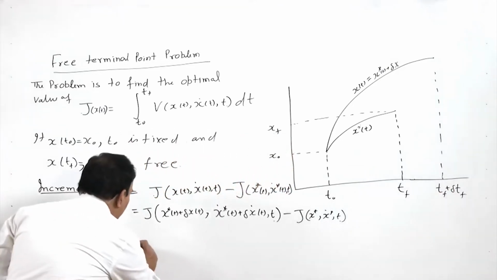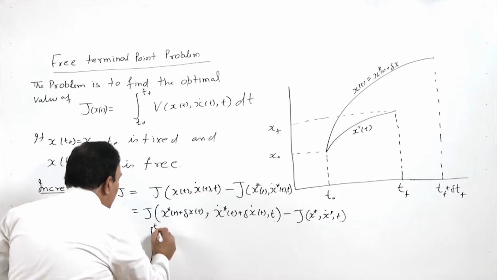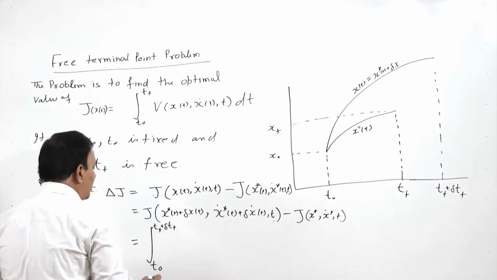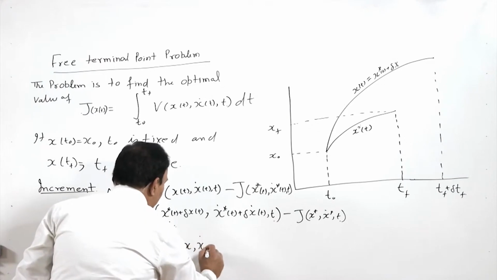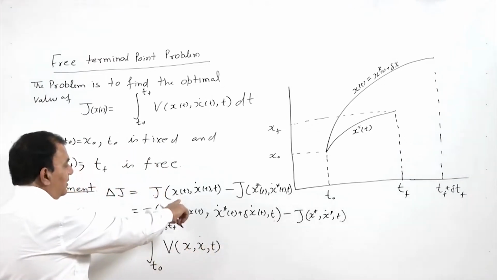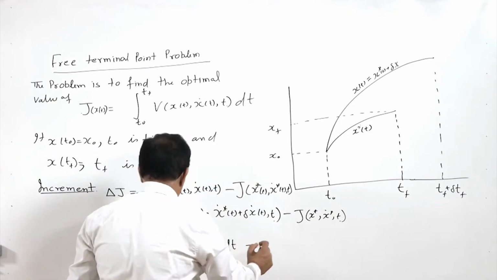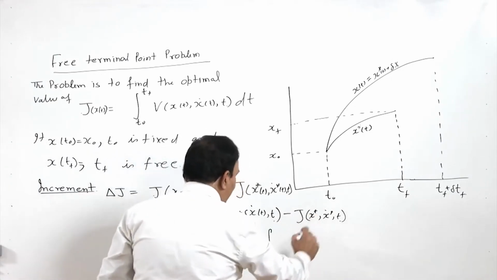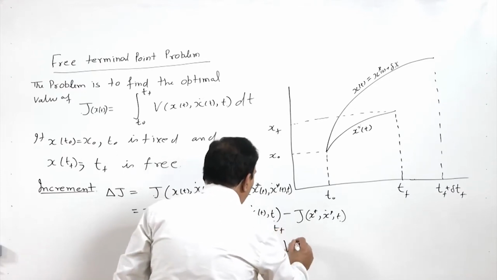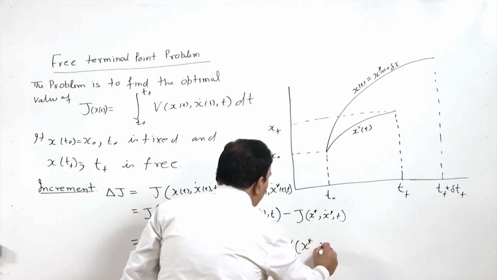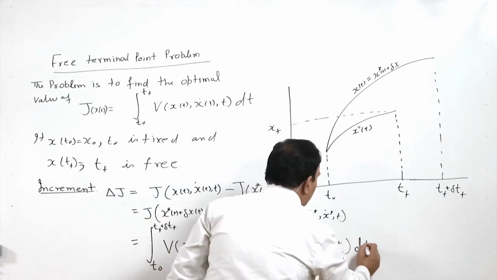So, this can be written as the integral from t0 to tf plus delta tf of V(x, x dot, t) dt, where x is x star plus delta x, minus the integral from t0 to tf of V(x star, x dot star, t) dt.